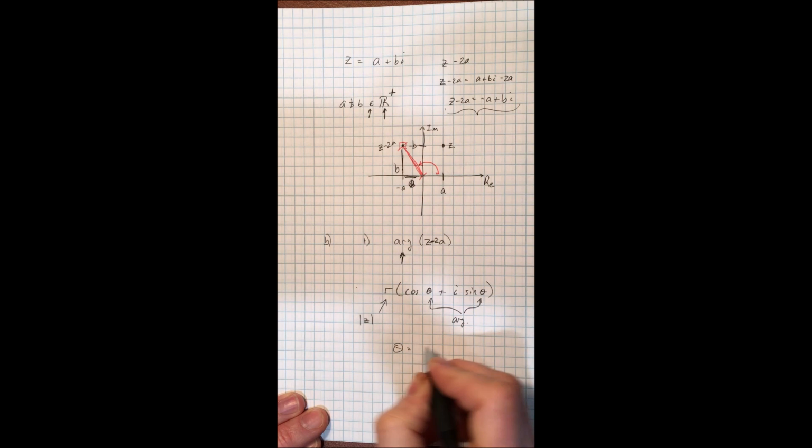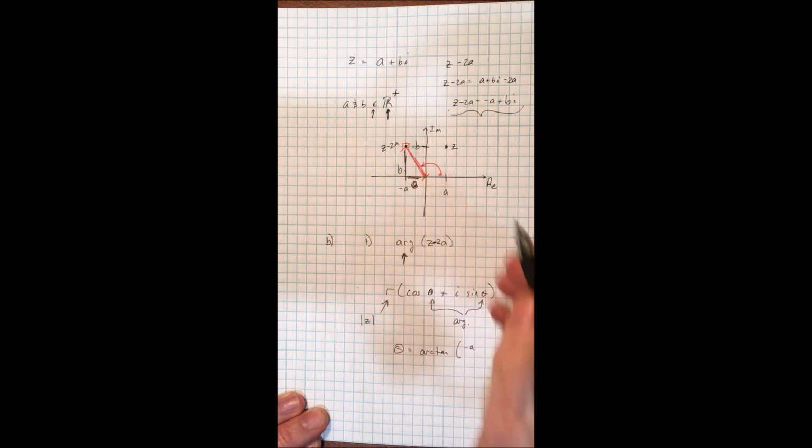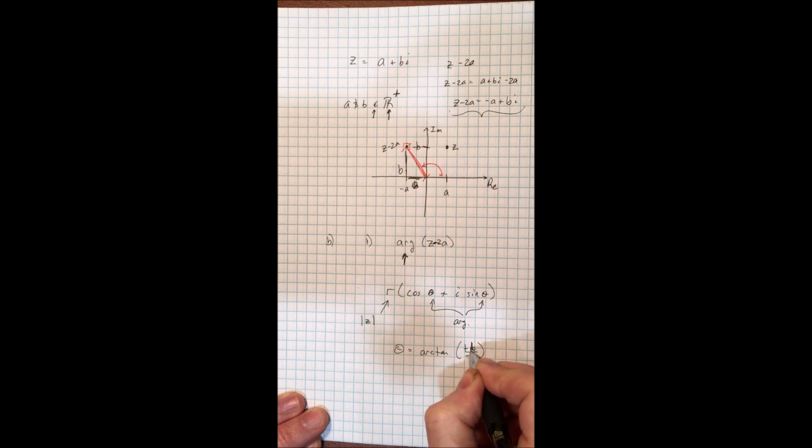So theta is going to be provided by the arctangent of, negative a, I'm sorry, it's opposite over adjacent, right? So it's positive b over negative a.